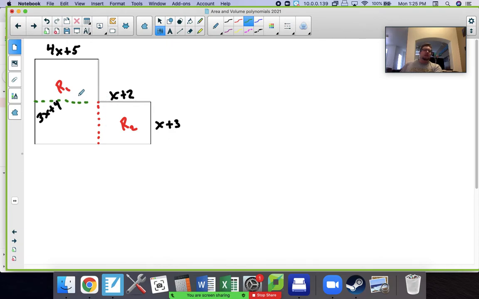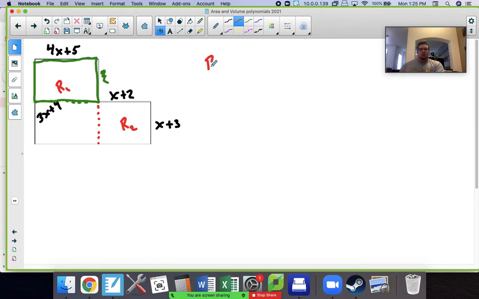But the green is a little bit worse than the red, just because this rectangle right here, I only have one known dimension. I don't know what this side is right now. I could do some math to figure it out, but since my other two rectangles already have their dimensions, I'm good to go.